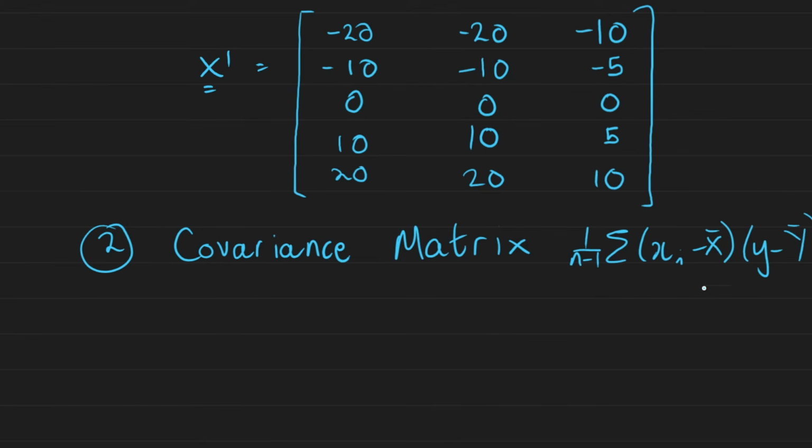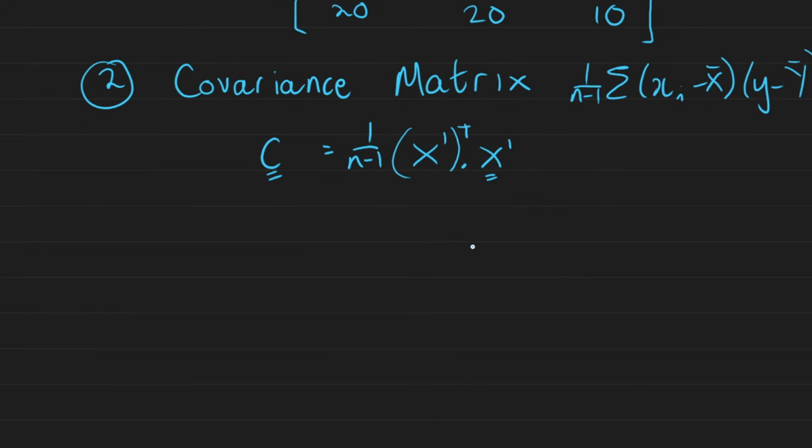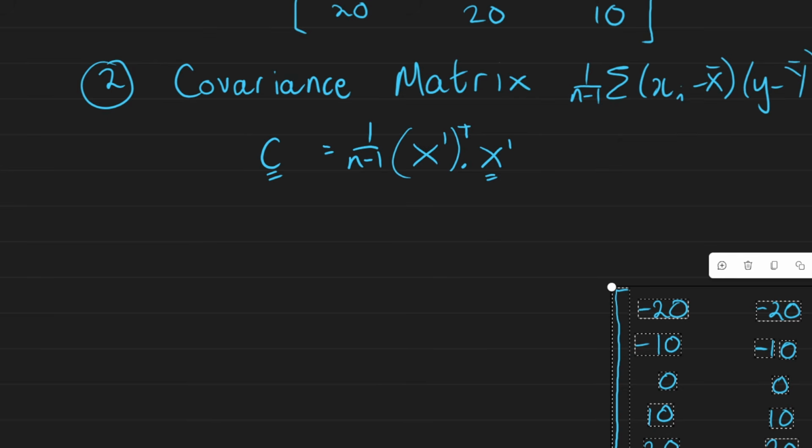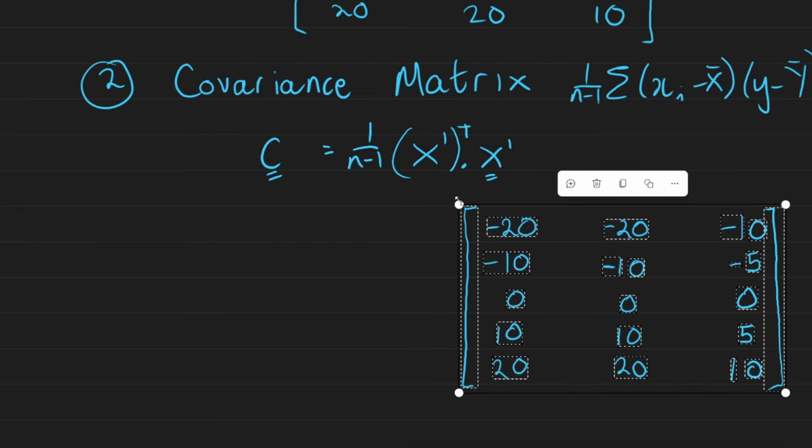If we write this equation in matrix form, it looks something like this. We have this matrix, which we call x prime, and we take the dot product of that with the transpose of that matrix. It's just a way of writing this equation in matrix form. Then we multiply by 1 over n minus 1, and this is the covariance matrix. So this x prime, we have just written that. Now the transpose of x prime: we make the columns the rows.